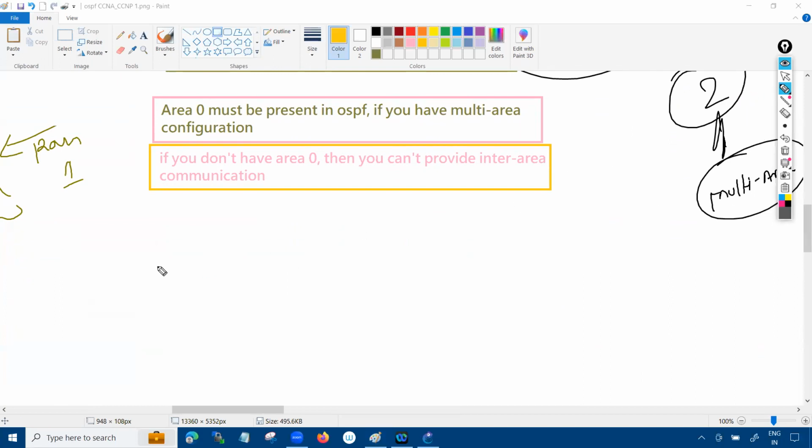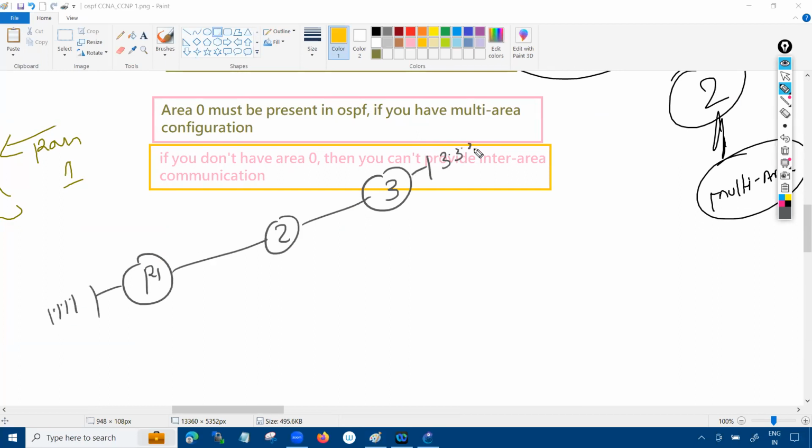So take an example: we have router number 1, router number 2 over there, and router 3 over there. Understand. There is a loopback behind this guy, 1.1.1.1. There's a loopback behind R3, that's 3.3.3.3. I'll make this interface 0/0 and 0/0, 0/1 and 0/0 as well.